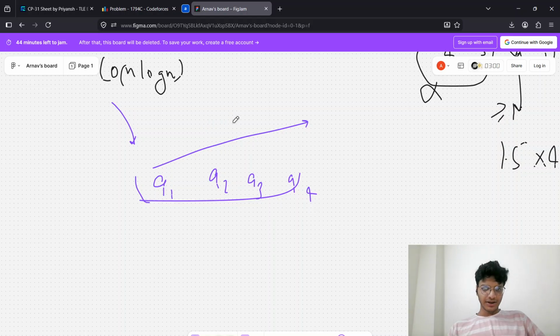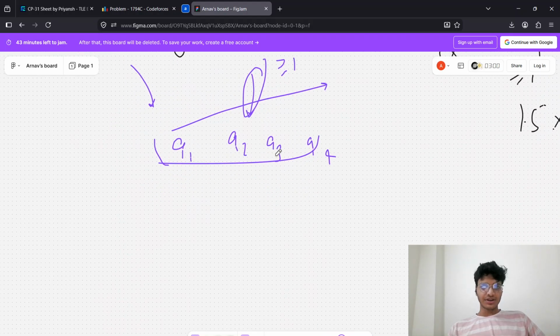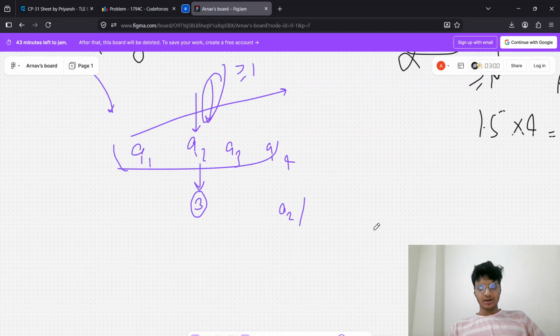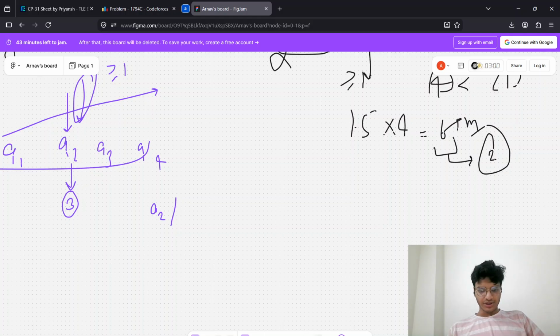When we try to find out the mid value, and if the mid value is greater than or equal to 1, then up to A2, we will know that it will be divided by 3. So mid is the mid value, and then we will try to divide it. I will explain it more clearly.